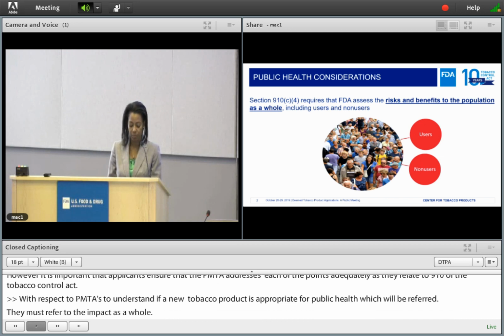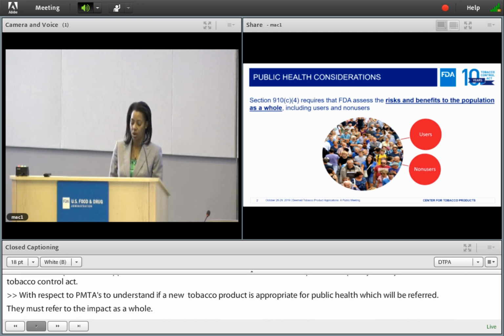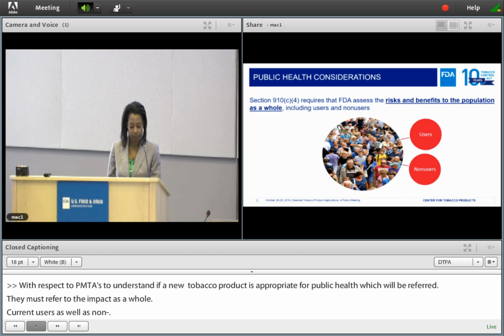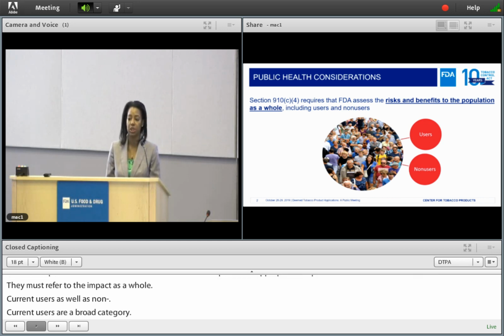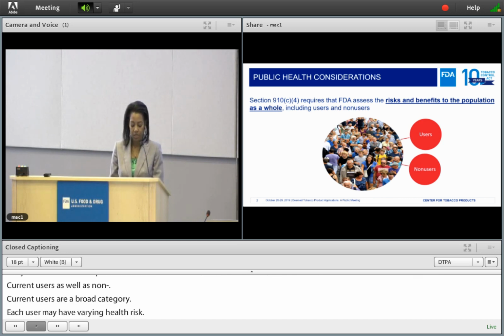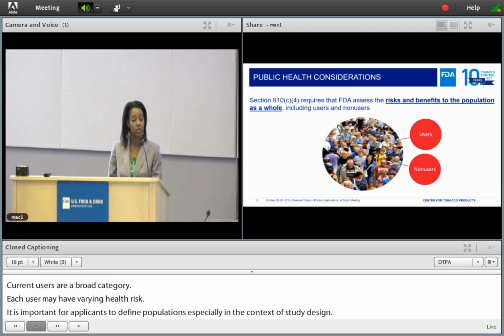Each of these types of tobacco product users may have varying health risk. As such, it is important for applicants to define populations, especially in the context of study design. As an example, let's consider non-users. Non-users may be individuals who have not previously used tobacco products, but who are now experimenting, or have never used a tobacco product.